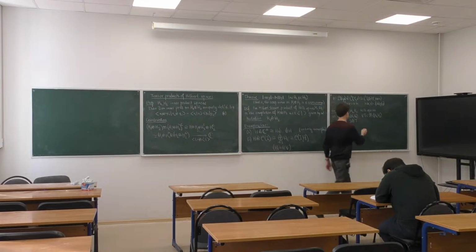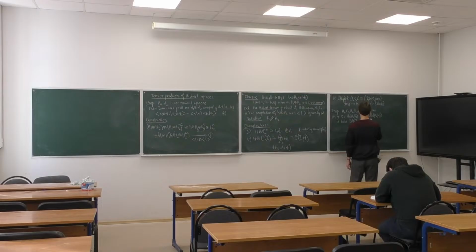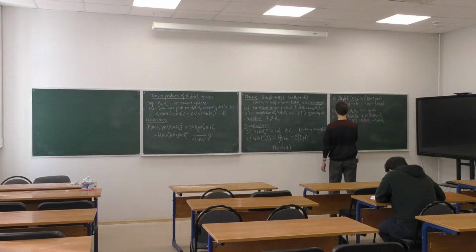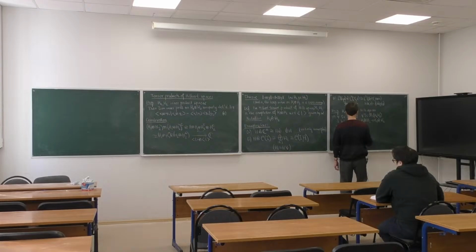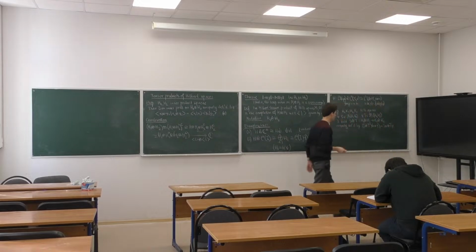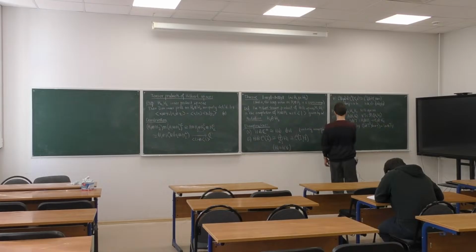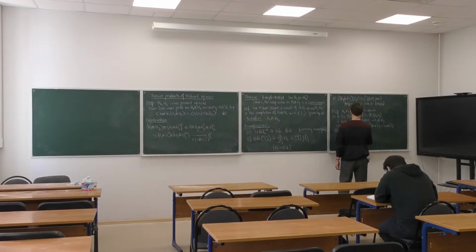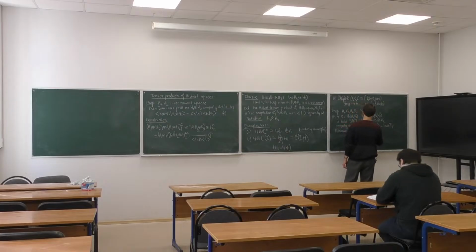So it acts from the Hilbert tensor product of H1 and H2 to K1 tensor K2. And this operator is uniquely determined by the following simple formula. It takes every elementary tensor, x tensor y, to the elementary tensor Sx tensor Ty. And moreover, the norm of this operator is equal to the product, the norm of S times the norm of T.